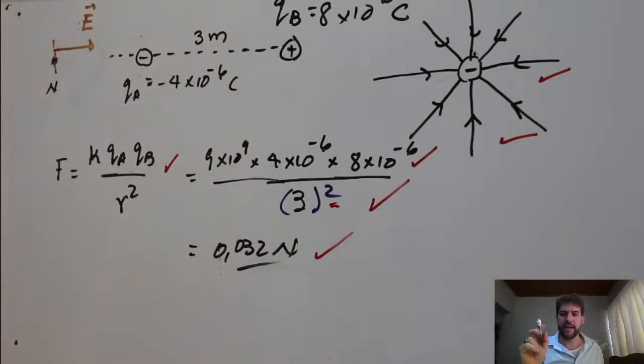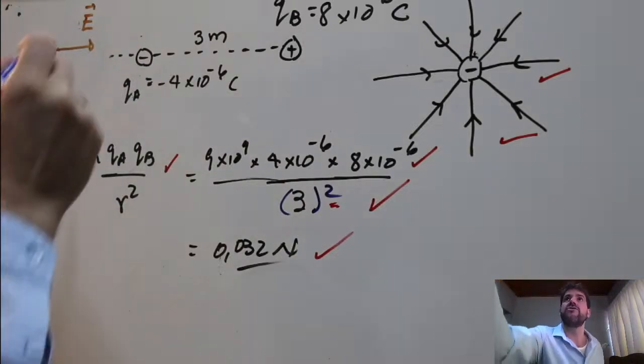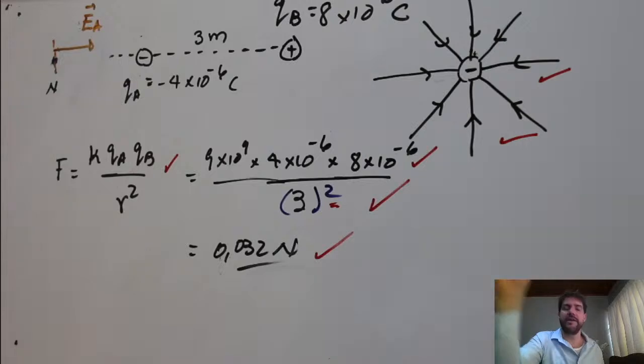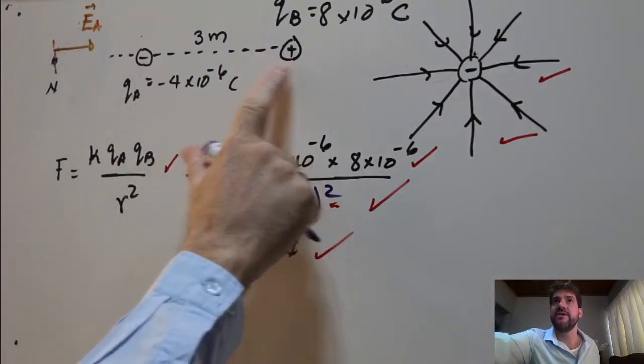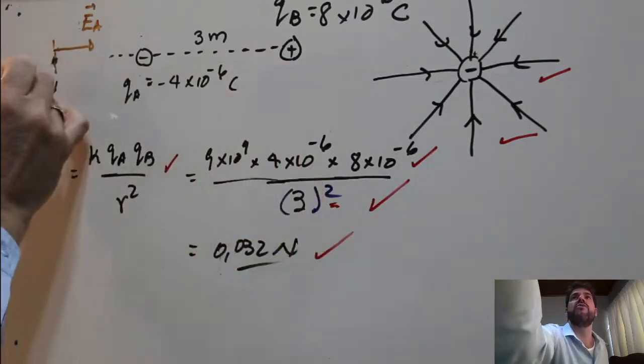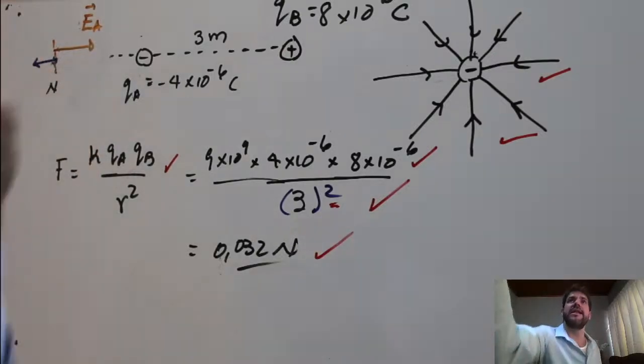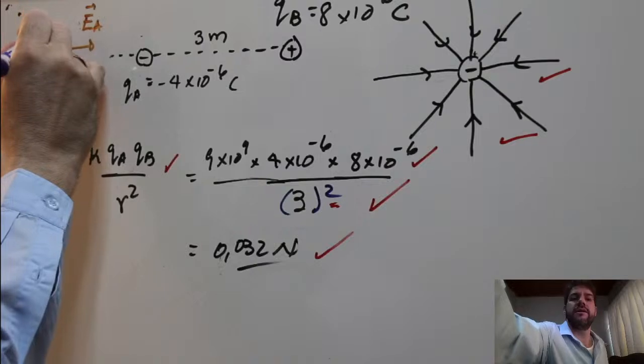That is electric field due to charge A. So let's write it here, A. And then the electric field due to charge B, note charge B is positive charge. So this electric field will be pointing to the left. That is electric field B.